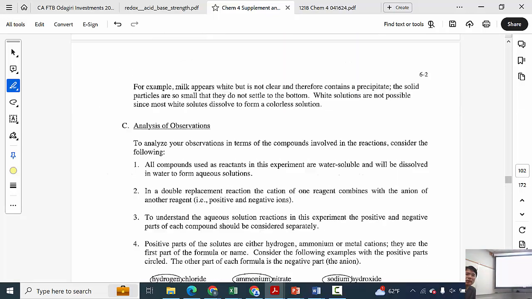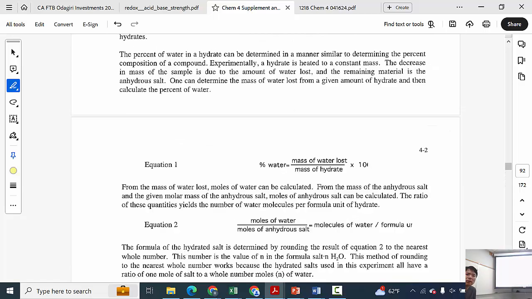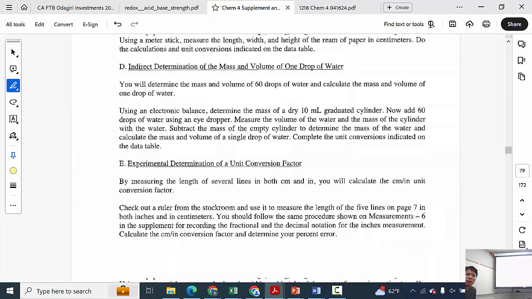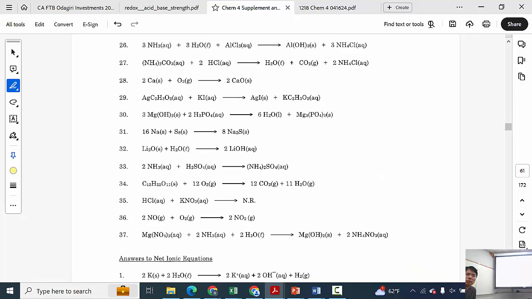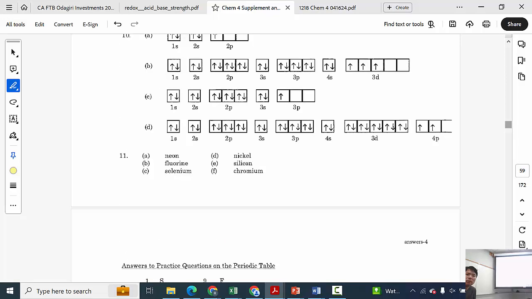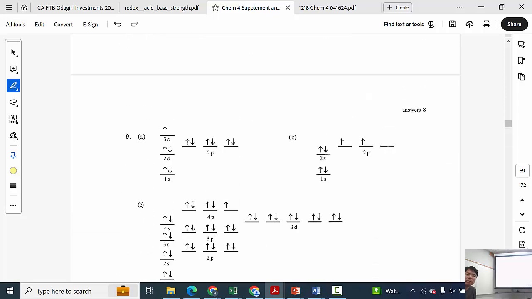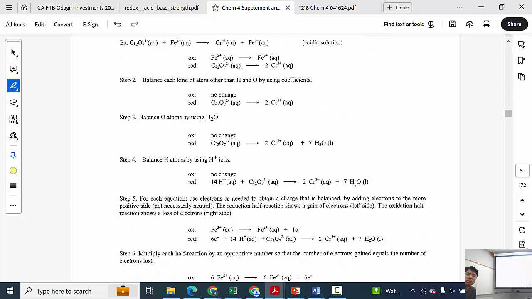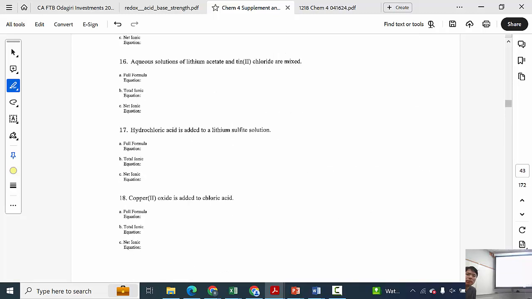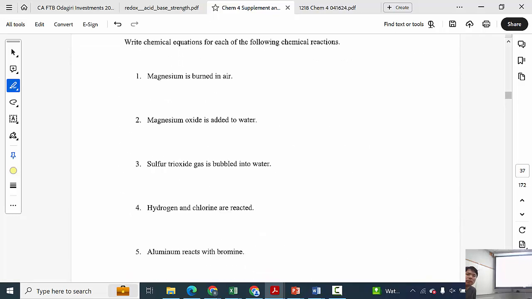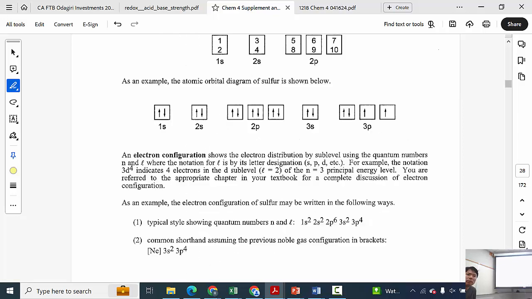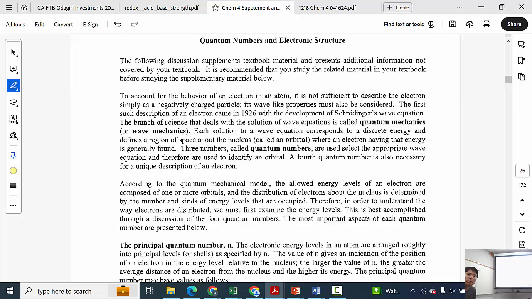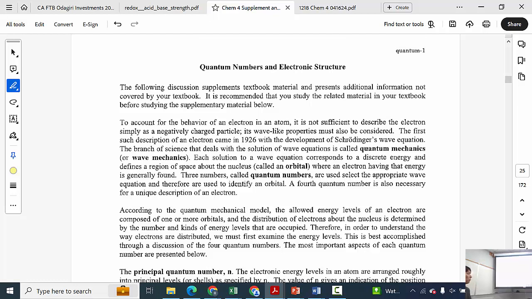So we have to supplement the book. n, l, and m are called quantum numbers.